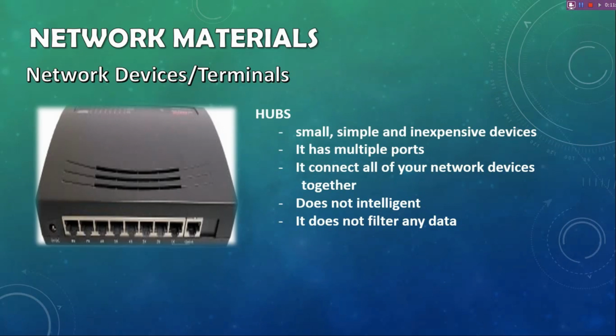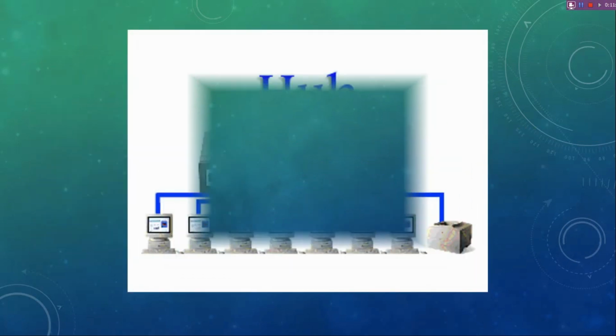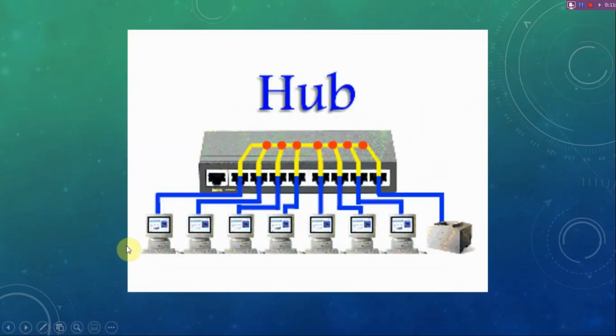The data packet that comes into one port, the hub will just rebroadcast to every port that has devices connected to it. So let's say this computer wants to send data to computer C.